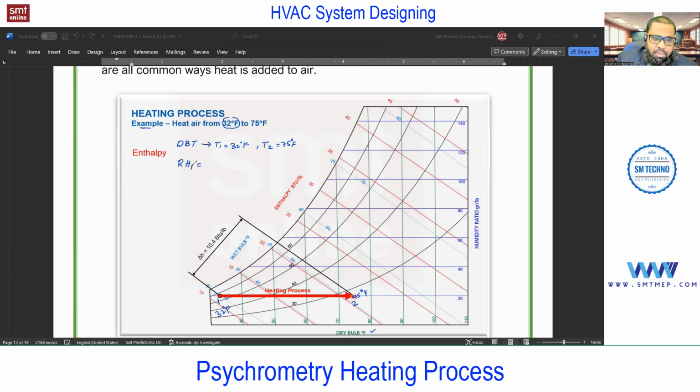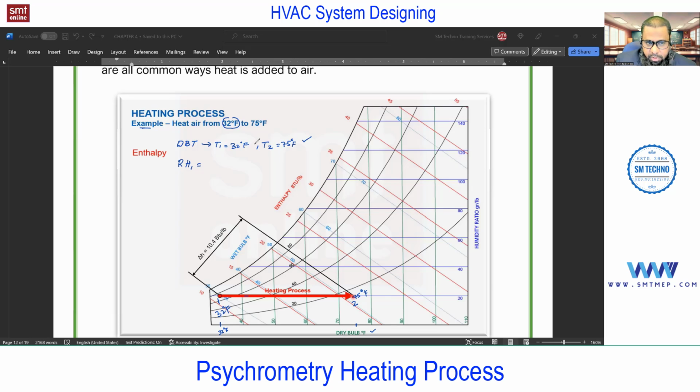So you see RH: 20, 40, 80, 100. These blue lines are the dew point. This is 30, and going straight, this is 32. And this point, 70 and 80, so this can be considered as 75. So increasing temperature means addition of heating.